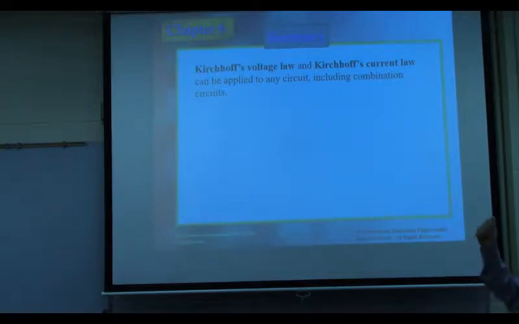For Kirchhoff's current law, again, you can apply it to a combinational circuit, not necessarily only parallel, but apply it to a single node. Then all the entering currents add up together equal to zero. Keep these two in mind.